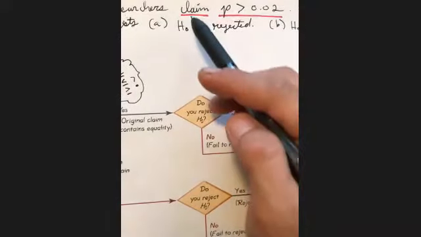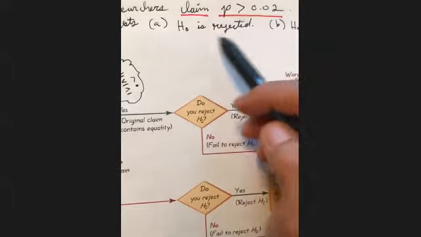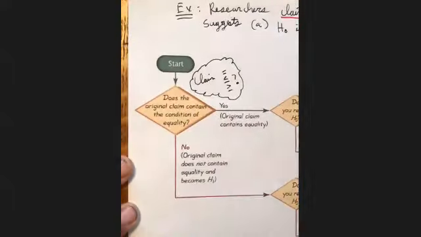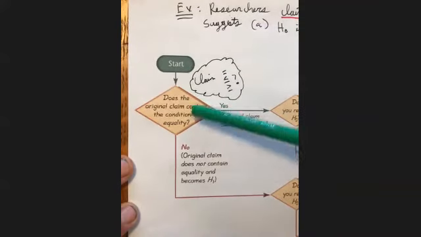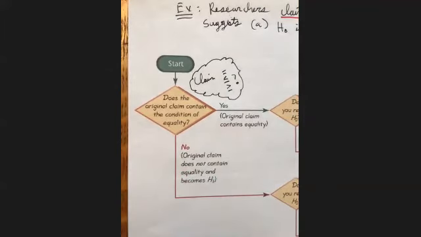So what was the claim in our case? The claim was P is greater than 0.02. So there's no equality here. So the answer is no, there is no equality, which means, as it's read here, the original claim does not contain equality. Therefore, the original claim is the alternative hypothesis, right?